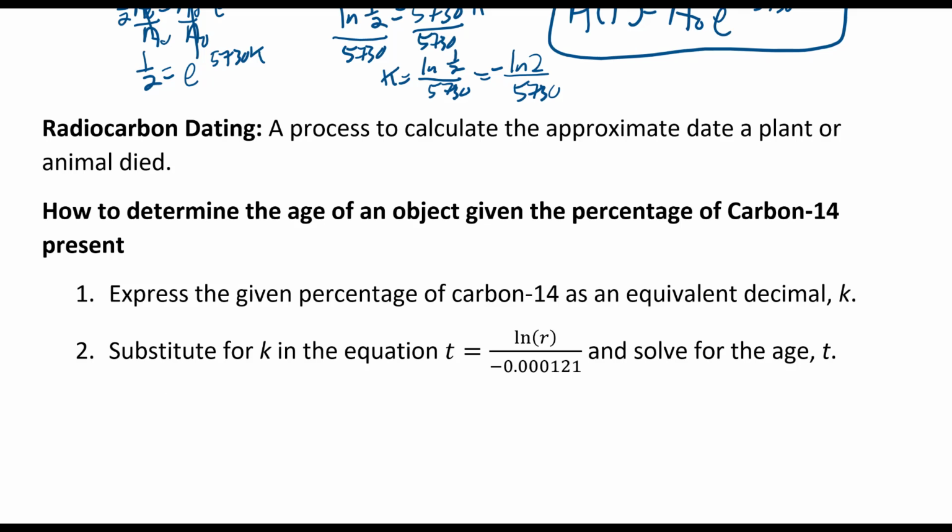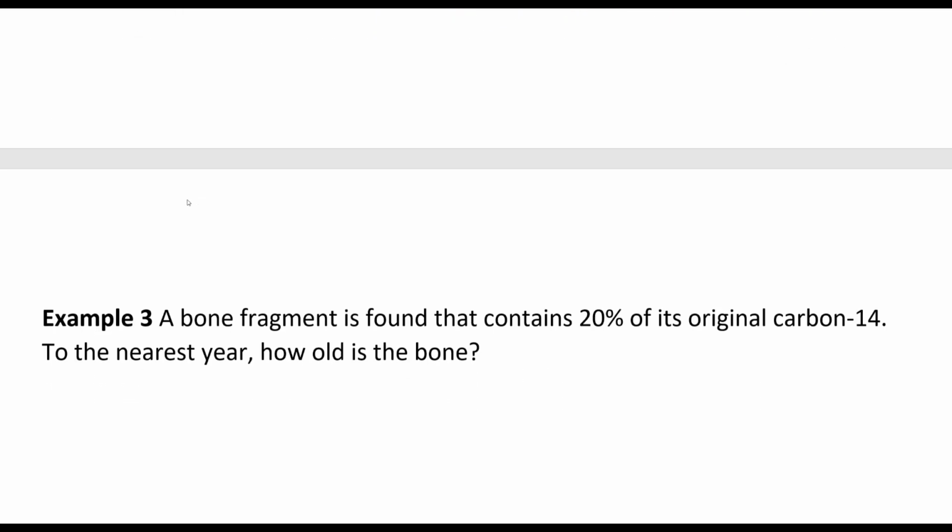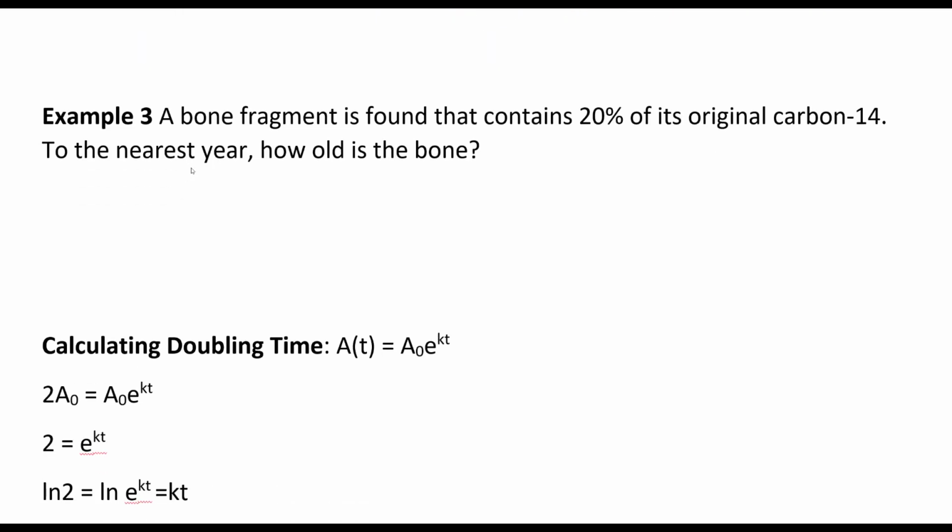So let's go ahead and do this next example. A bone fragment is found that contains 20% of its original carbon-14. To the nearest year, how old is the bone? So the 20%, our R would be 0.2.